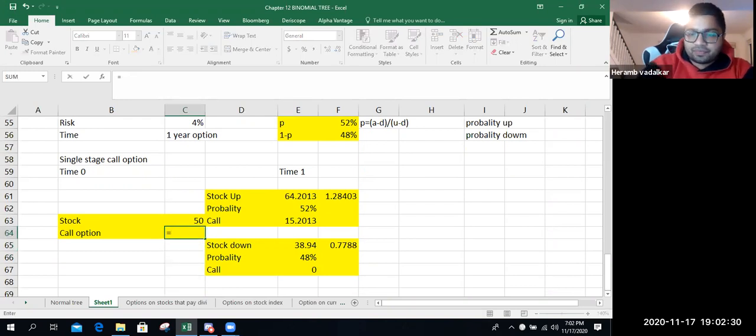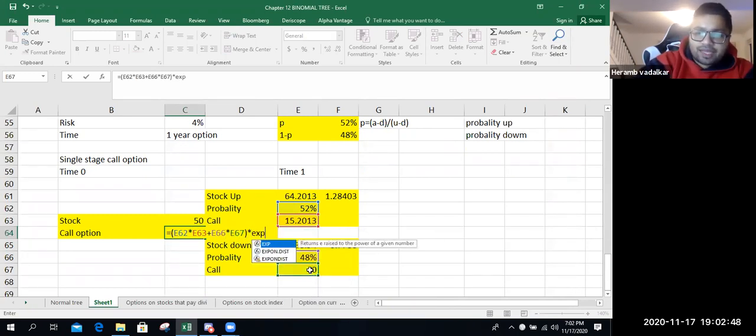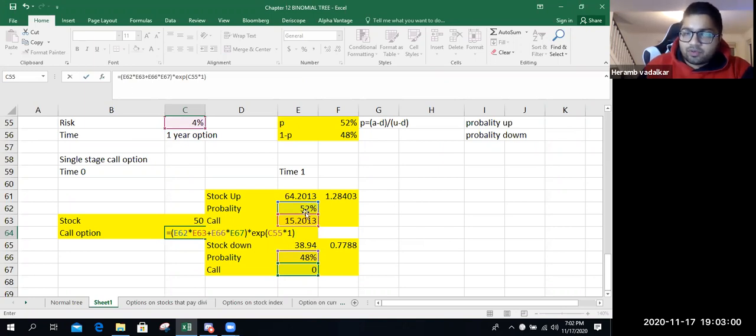How to bring it back? So call option price today will be probability of moving up times price if it moves up plus probability of moving down times price if it moves down, times exponential negative risk-free rate 4% into 1, that is, discounted.